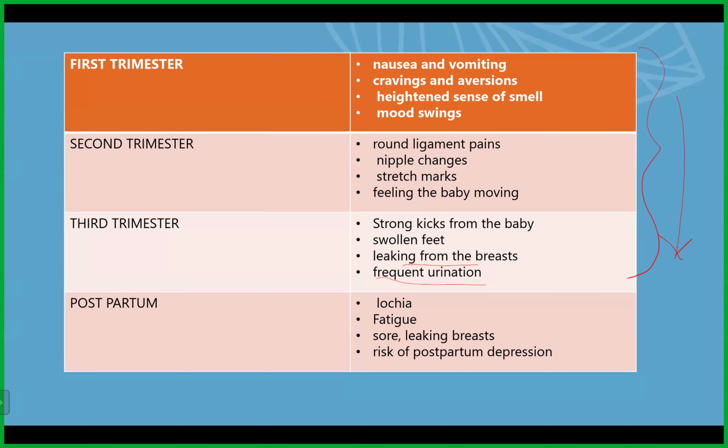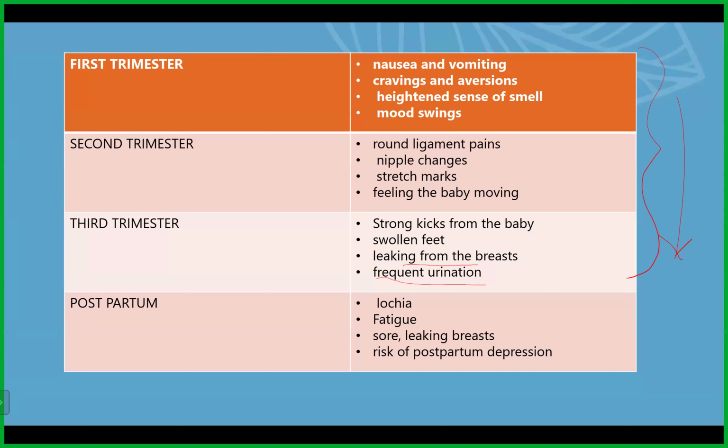It's a discharge after delivery which is reddish in color, and the consistency and color keep changing in 2-3 days. Yes, you are right. On the third day it becomes a little whitish or something. Okay, I'll explain that to you in a little more detail.